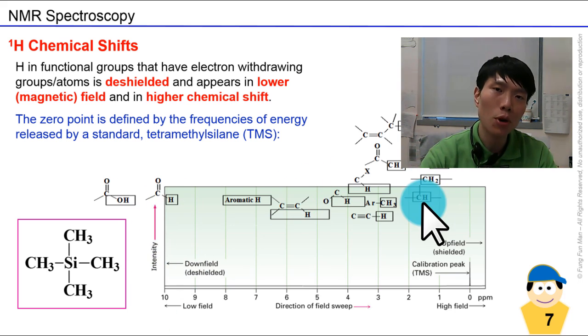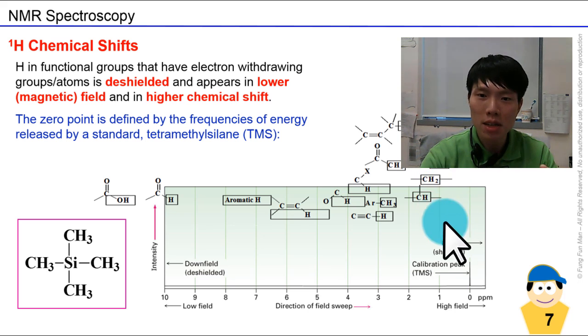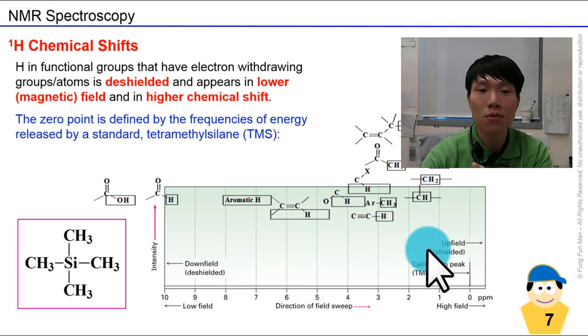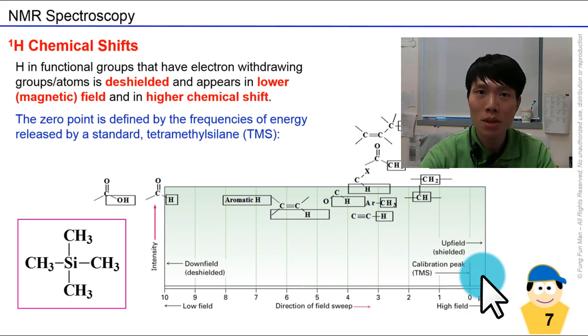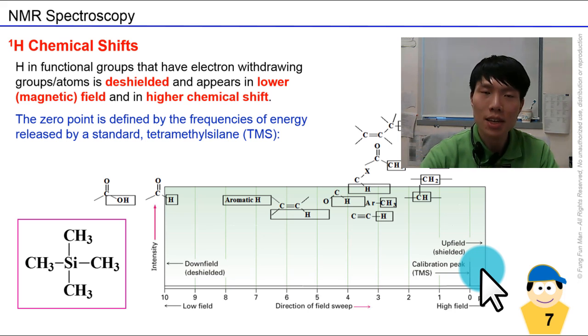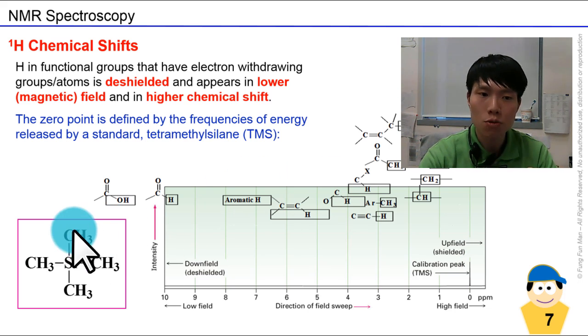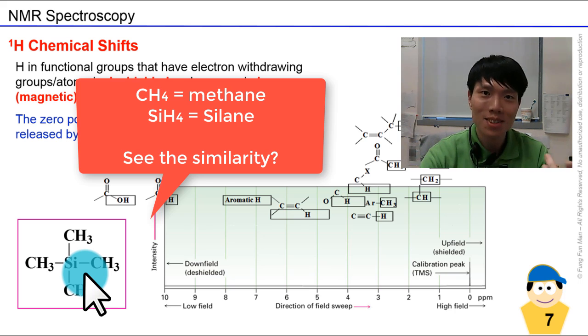Whereas if you compare something very ordinary, such as your alkane, alkene, they are of a higher field, not the low field. So this 0 ppm is our reference point, our standard called tetramethylsilane. Tetra means 4 times methyl group, silane. You know, silane, silicon with hydrogen, like methane, silane. You get the analogy?